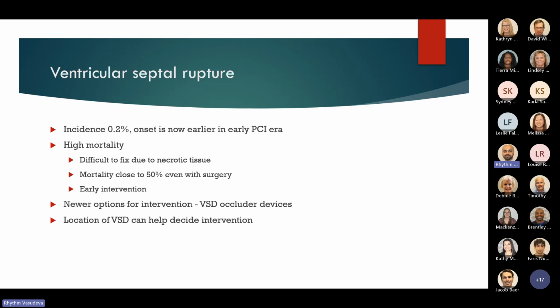But more and more studies have shown the sooner you intervene, the better. There are newer options for repair, including VSD occluder devices, and the location of the VSD can help you decide. Usually basal VSDs are not good for occluder devices, but if you have an apical VSD, that can be fixed in the cath lab with a VSD occluder device.